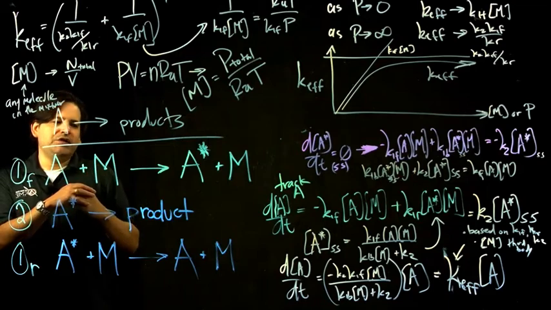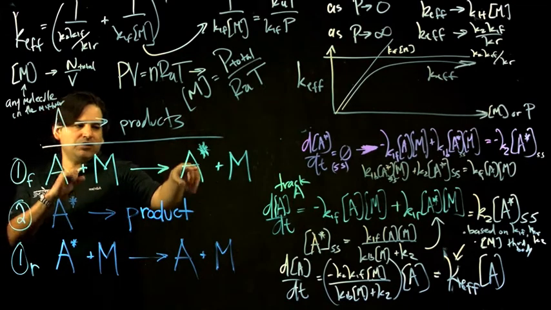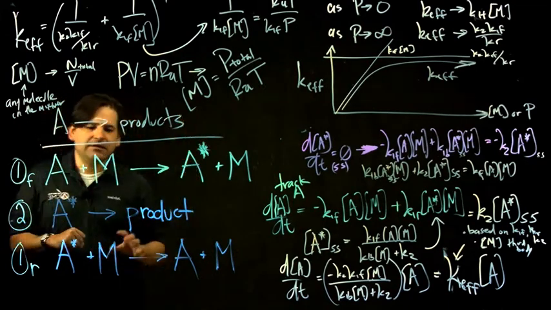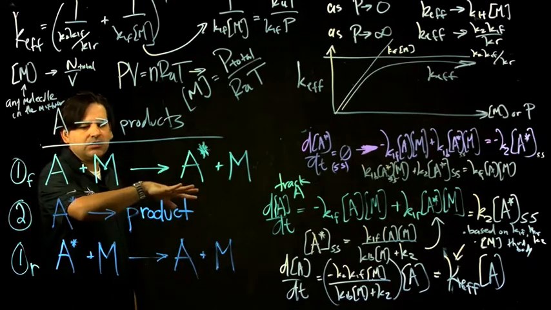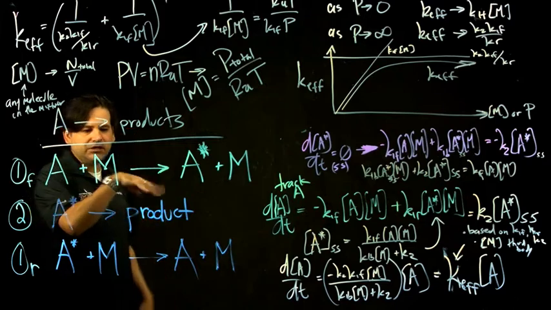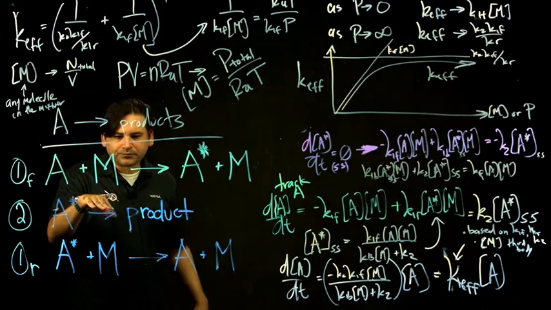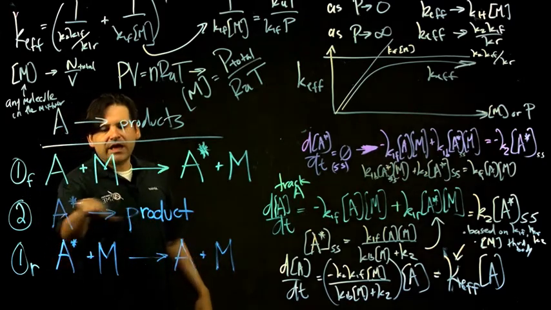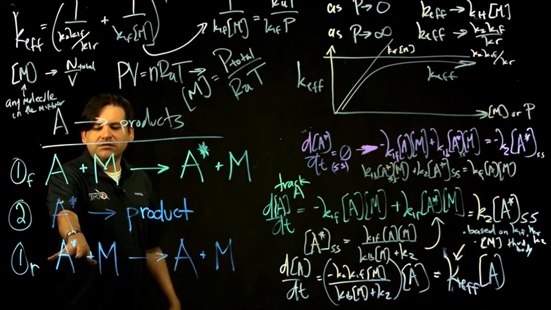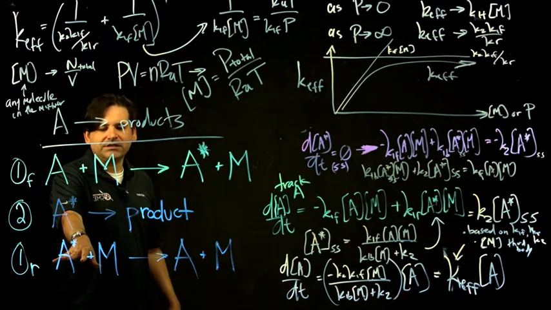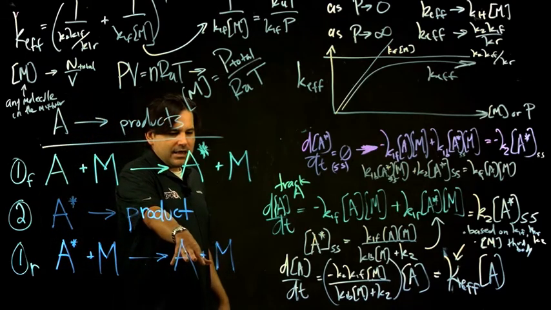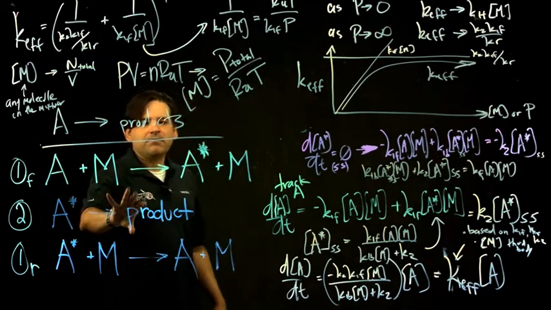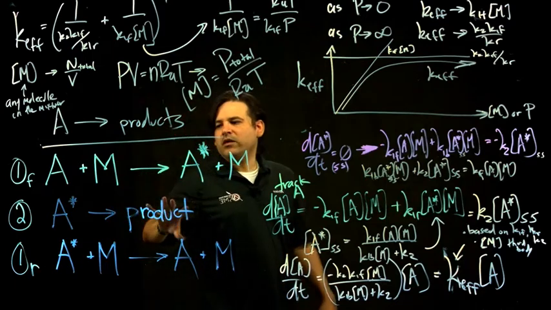Some of these collisions will fluctuate it such that you have this energized state, and it's only when you have this energized state can you make this dissociation or make some change to a different species. And so that has to happen. But then another possibility is that when you do have this energized state, it will collide again to bring it back to the mean. And so this is the mechanism for a unimolecular reaction.